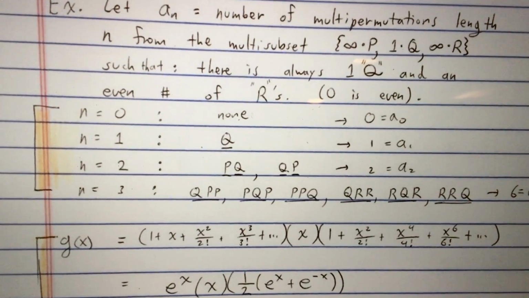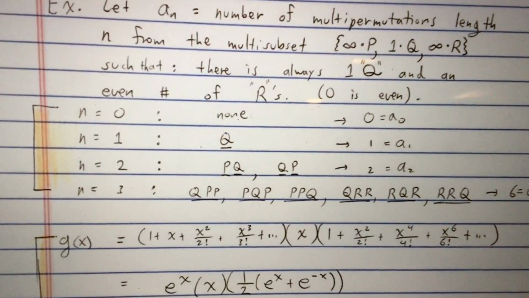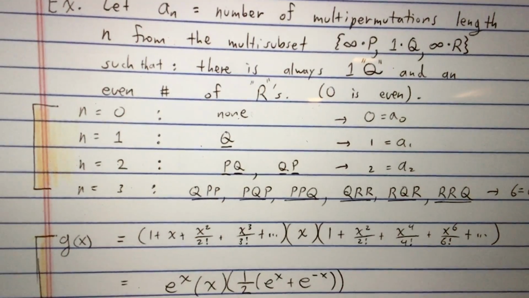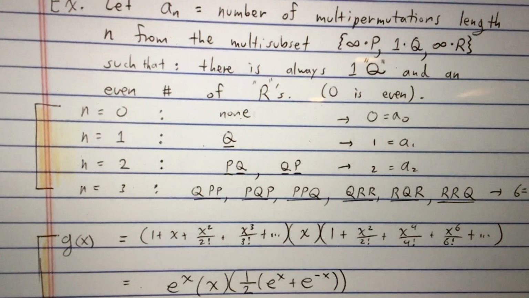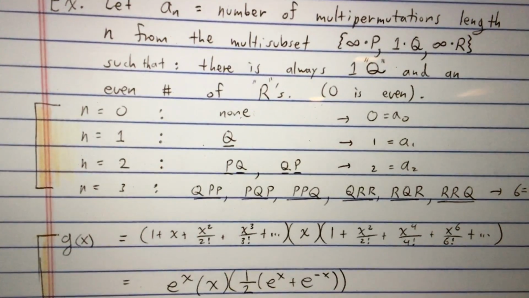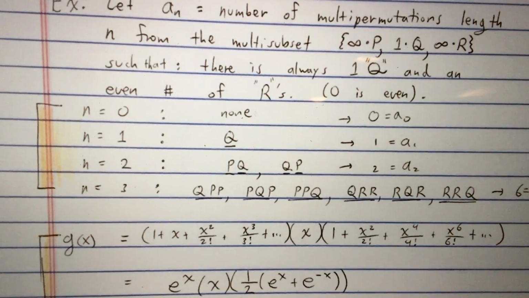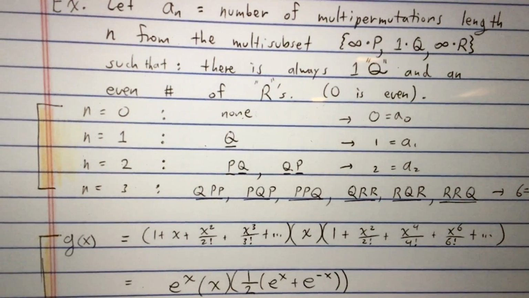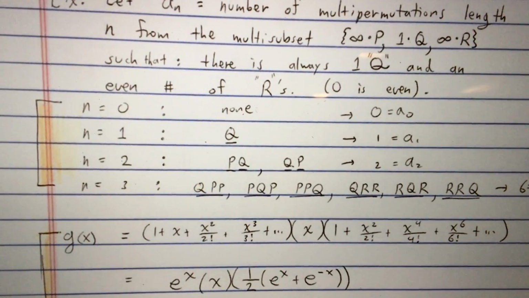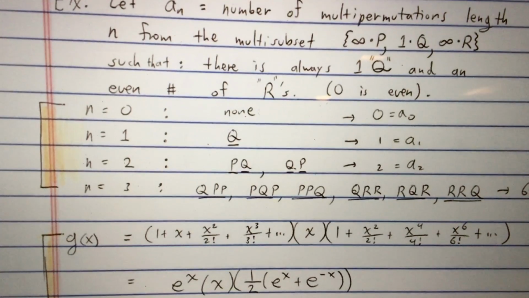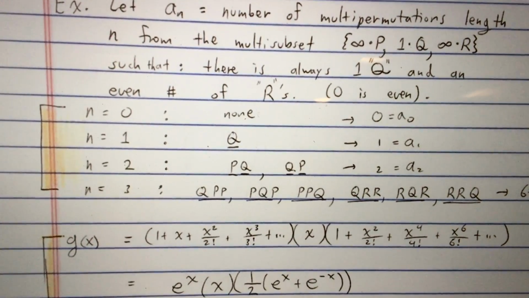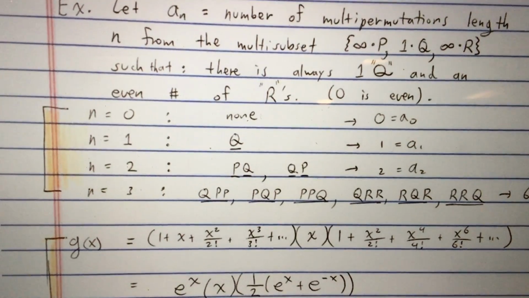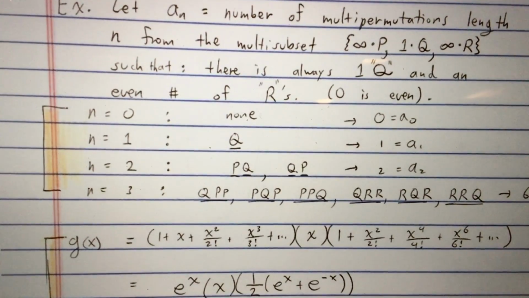So that means we need the whole sequence 1 plus x, x squared over 2 factorial, all the powers of x, with the same factorial underneath to take care of the duplicates. Then for q, it turned out that there was only one q, and there has to be one q in each of them. So that means it's a very simple factor, just x, because that has the power 1.